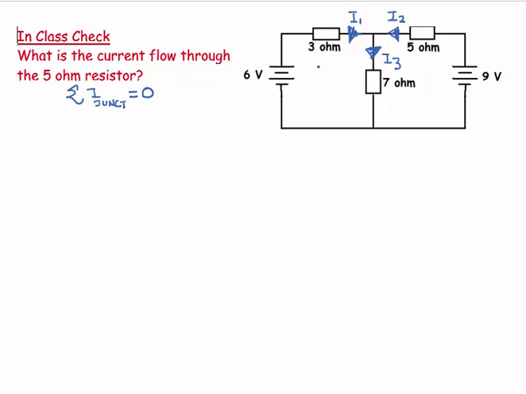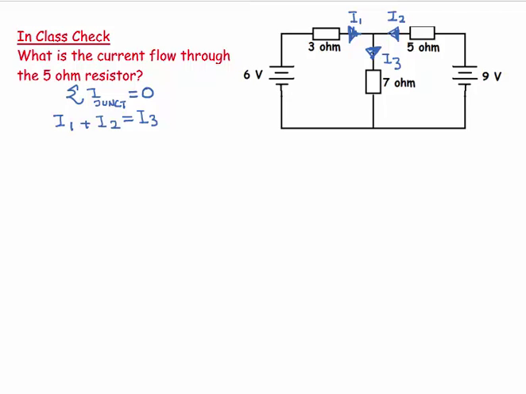What that means is that the current in must equal the current out. So the way I have drawn my diagram, I can say I1 plus I2, the currents in, must equal I3. So there we are. That's the first bit, one equation.